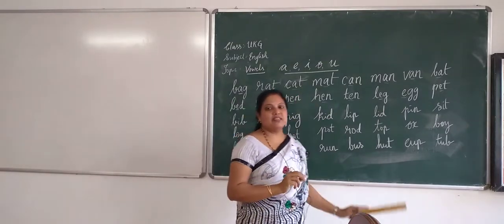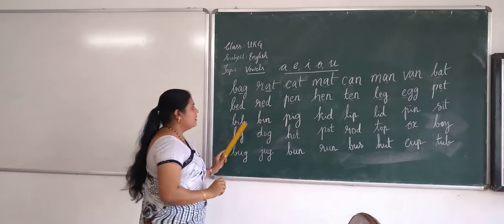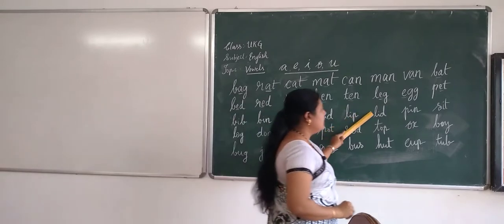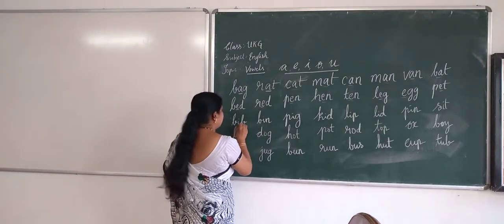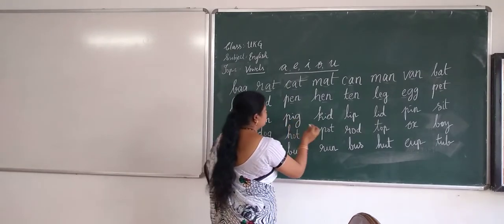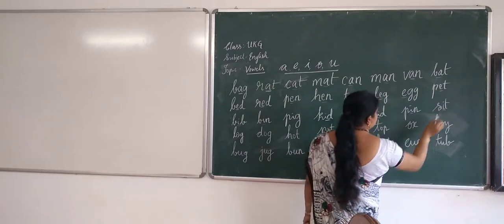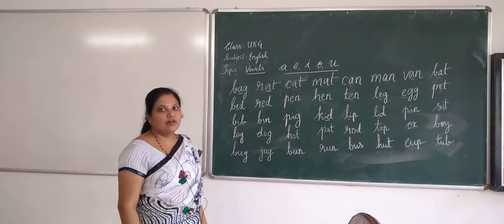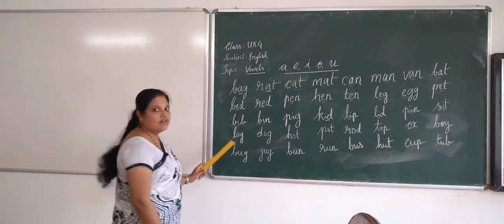Everywhere you find I in these words. So these are I letter words. This is a vowel. These are the vowel words.